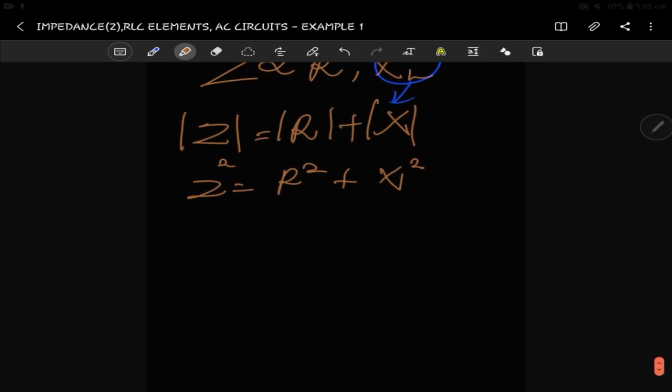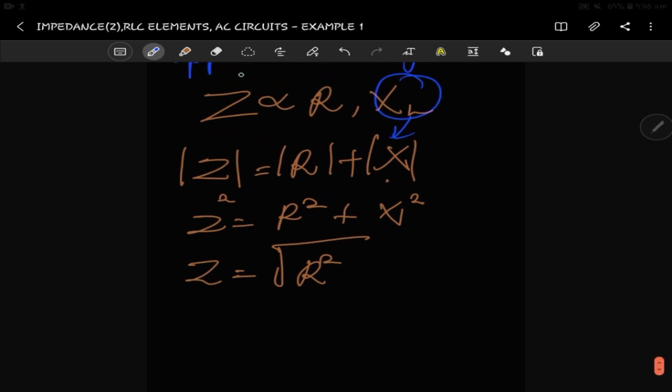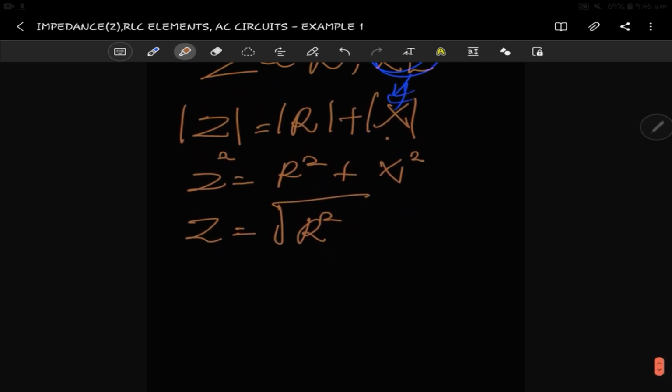So if you're trying to find Z, it will be equal to the square root of R squared, and then we said this XL here is a part of the X. You can skip to the calculation side if you are okay with it and understand it.